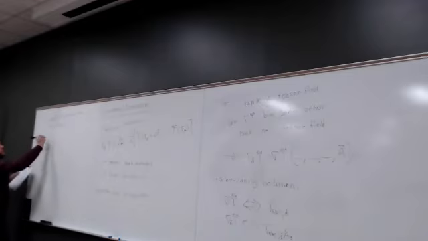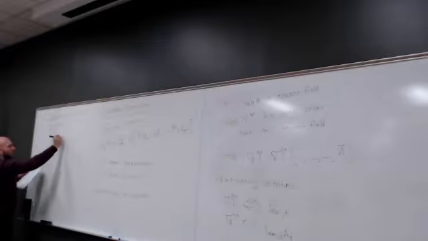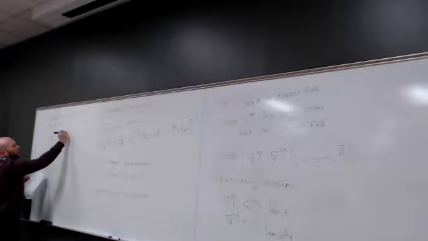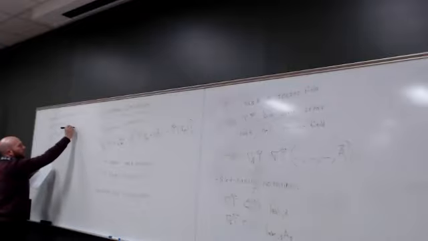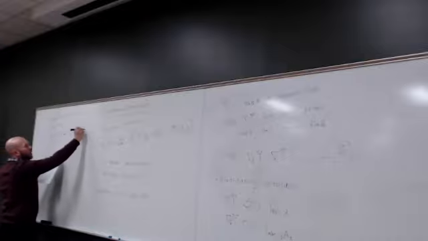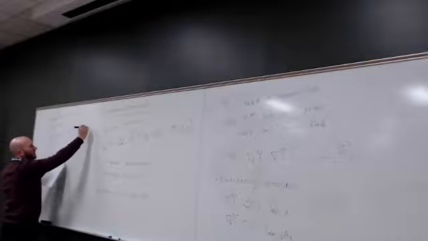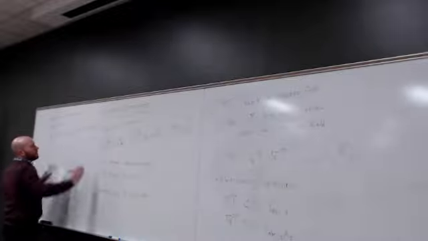So, for instance, the directional derivative along A of some tensor S tensor product T is equal to the directional derivative of S tensor product T plus S tensor product the directional derivative along A of T.